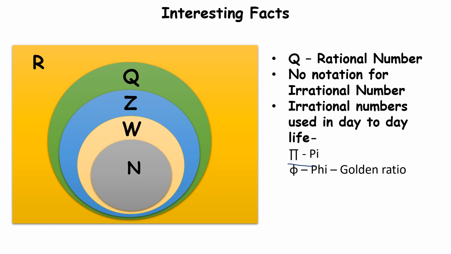This we use for making different types of logos. Actually, the golden ratio is a very interesting concept. We'll prepare a separate video for this. So basically, just remember that we use phi in our day-to-day life for taking proportions for making different logos or designs. Euler's number is also used in different mathematical concepts and formulas.